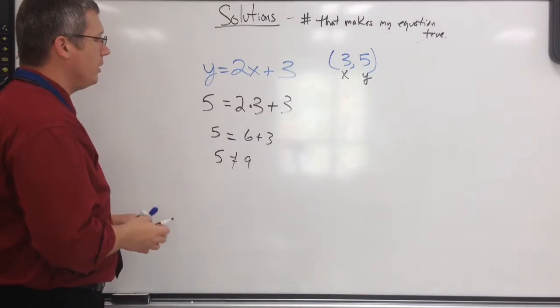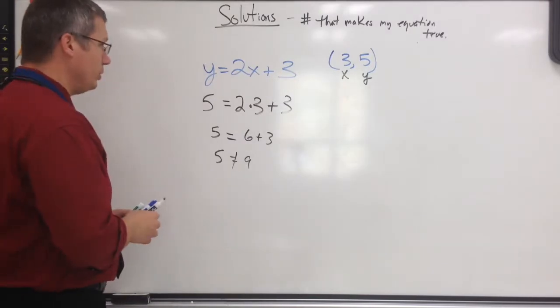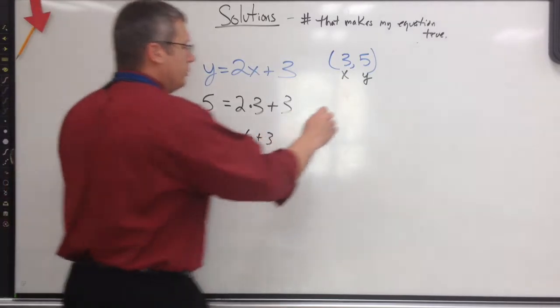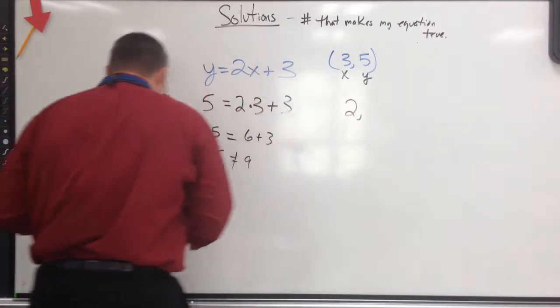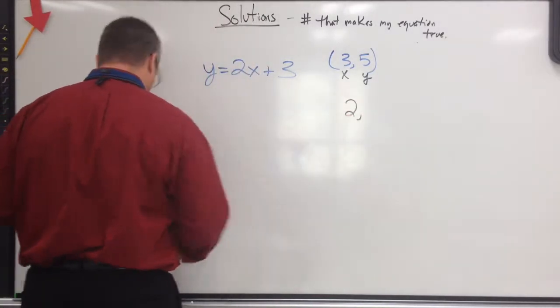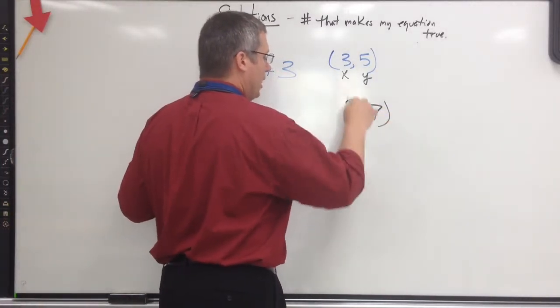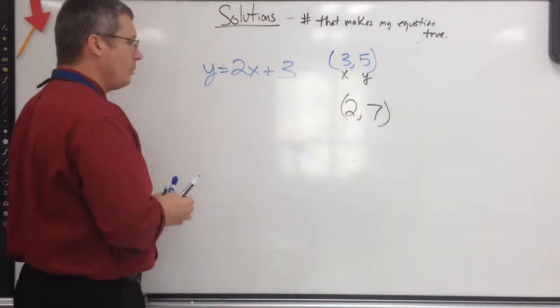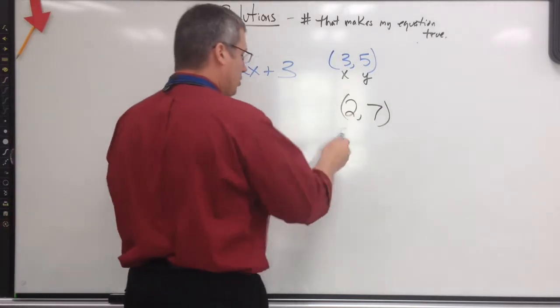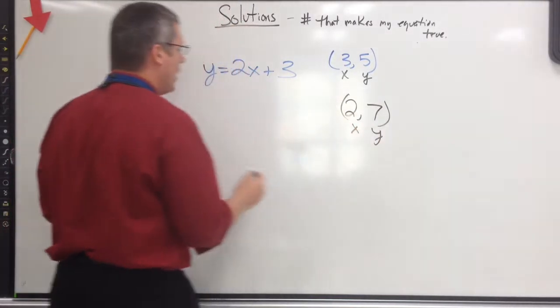So the question is, can I get something that's a solution? So let's try this. Is 2, 7 a solution? I still have an x number, I still have a y number.